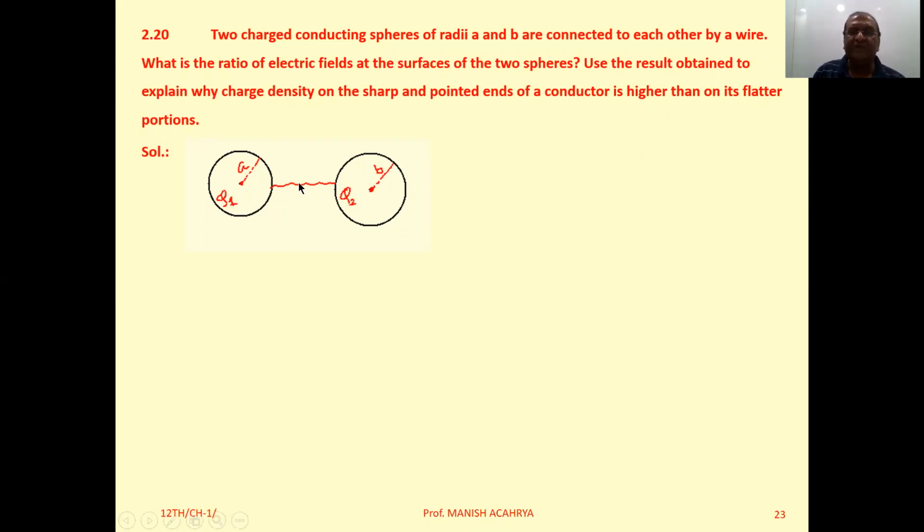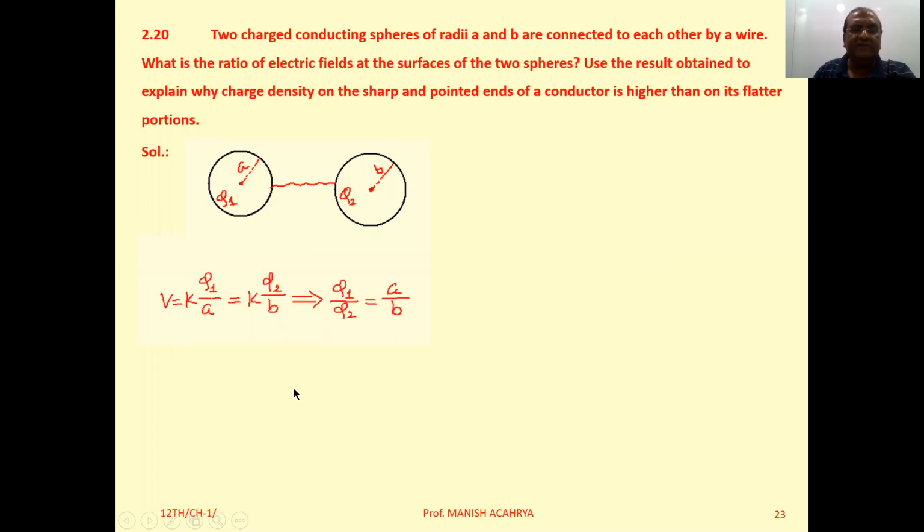When these two spheres are connected by a conducting wire and equilibrium is established, the potentials at the surface of both spheres become equal. At that time, suppose the charge on the sphere having radius A is Q1 and the charge on the sphere having radius B is Q2.